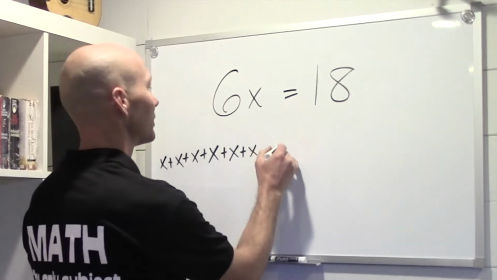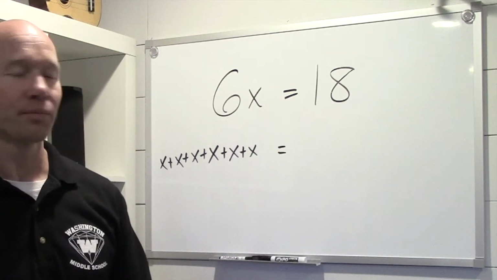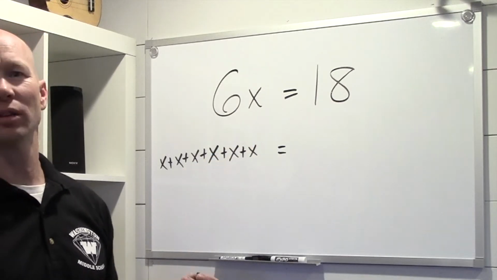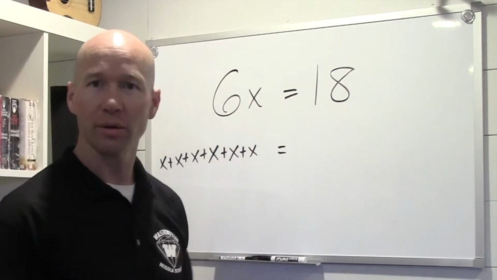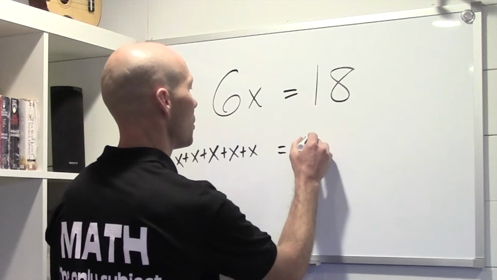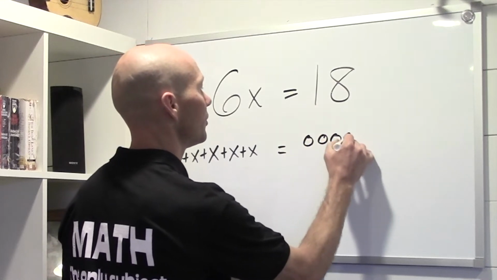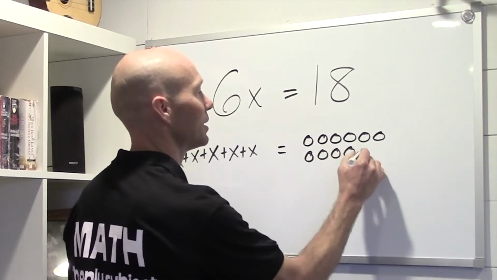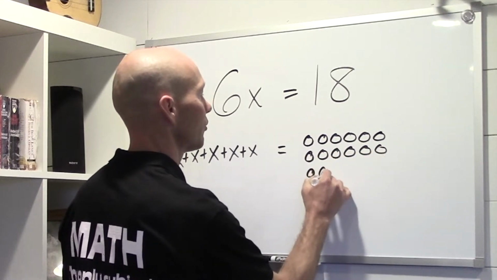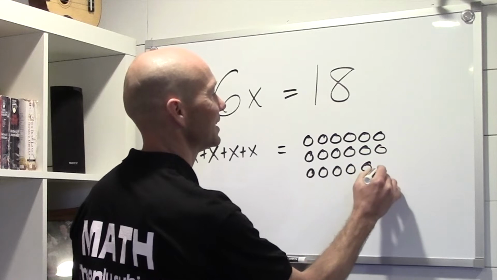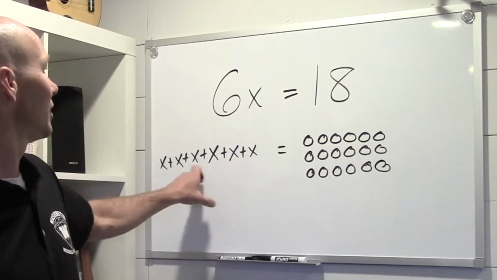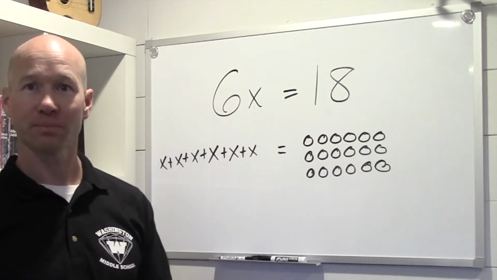And 6 x's equals 18. We'll just write some little circles for 18 pieces: 1, 2, 3, up to 18. 18 is equal to these 6 x's.